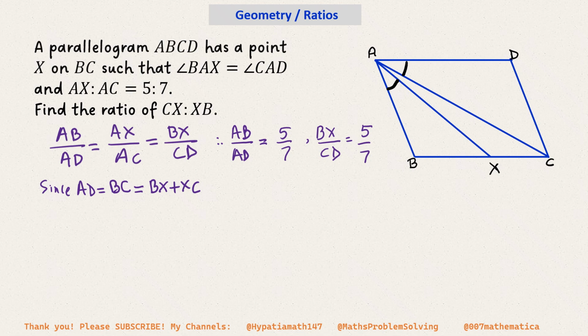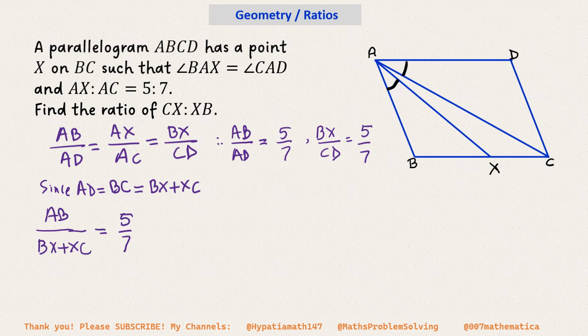Now we try to change everything in terms of CX or XC and XB, so that we can work out the ratio. Since AD equals BC, opposite sides of a parallelogram, instead of writing BC, I write BX plus XC.